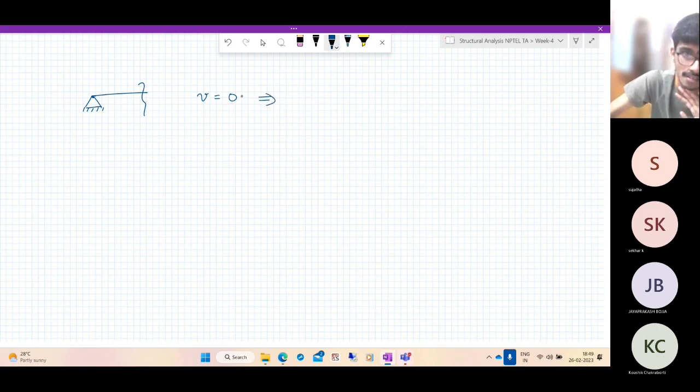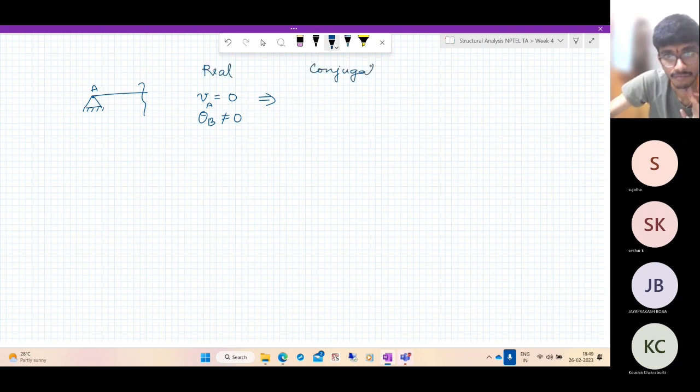Suppose this is point A. The deflection at the point A is 0 and the rotation at the point A is not 0. So what does rotation correspond to in the conjugate beam? It corresponds to the shear force.